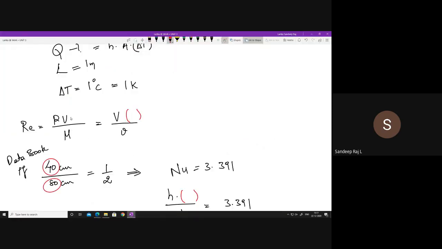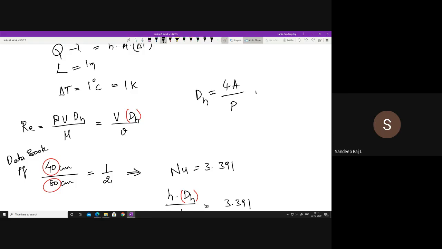So let us use the DH itself here. The DH is equal to 4A by P is the formula here.